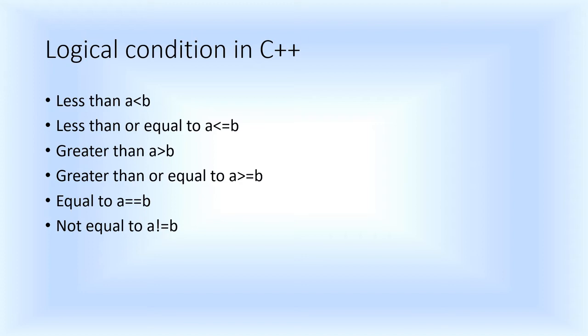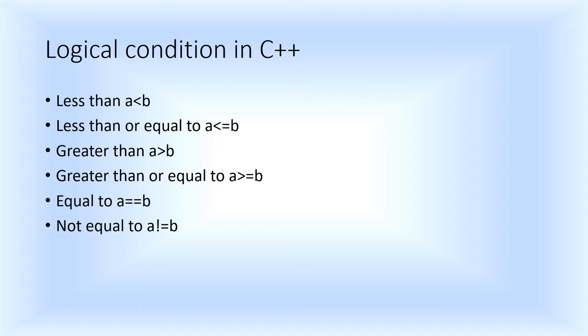Here it is to be noted that we have to put equals two times, then only the C++ compiler will understand that the two variables are equal. Not equal to: an exclamation mark is used for not equal to in C++. A not equal to B, that is the not equal to.